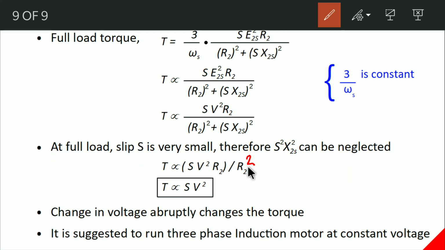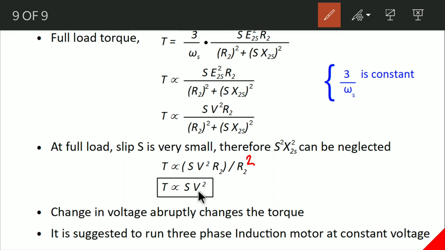However, R2 is constant, so torque is proportional to S V square. S and V both are variable, slip and voltage both are variable. It means from here we can say that torque is directly proportional to the square of voltage. It means a small change in voltage will abruptly change the torque.